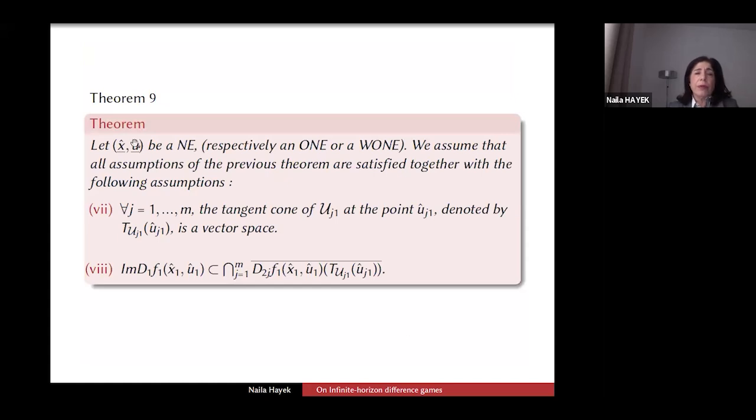And now I can write the infinite horizon theorem.